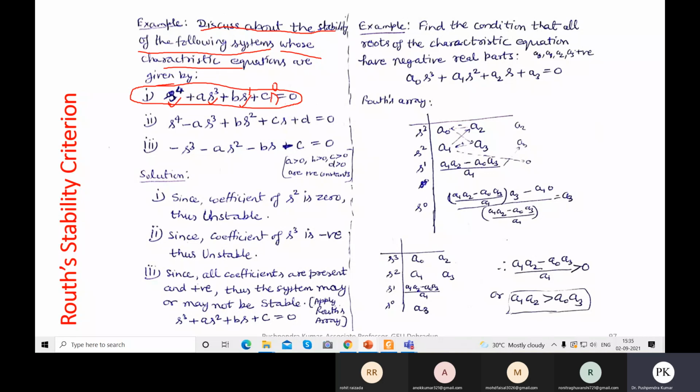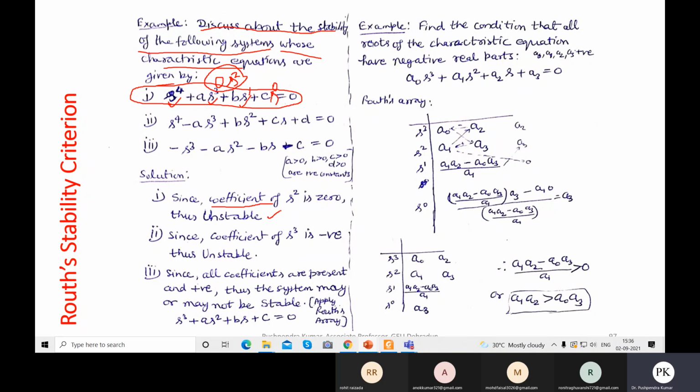If you look at this equation, s square is missing, or you can say its coefficient is 0. So since one coefficient is 0, the system is unstable.